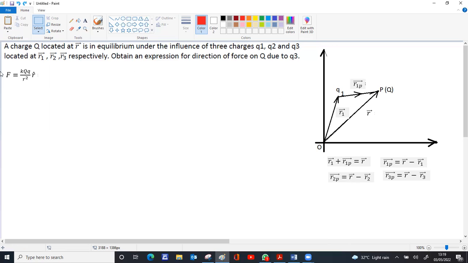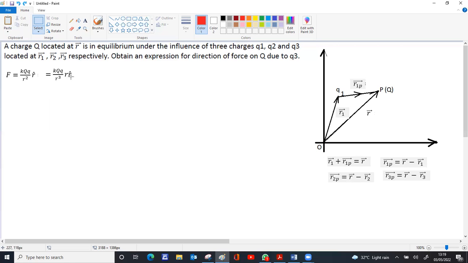Now, according to Coulomb's law, the force between two charges is KQQ by R square with R cap indicating the direction. If you multiply up and down with one R, it will be R into R cap.